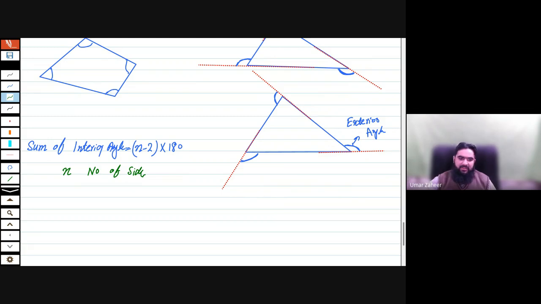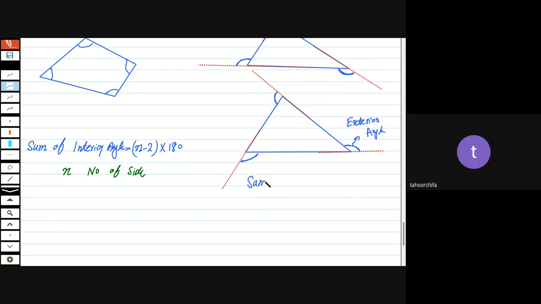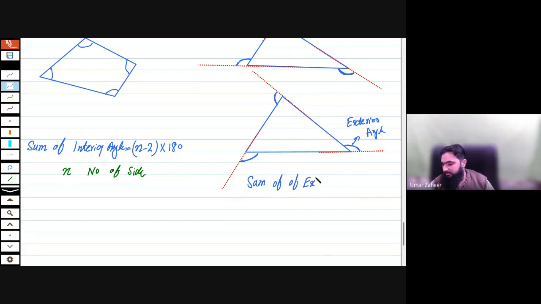In the same way, we have for the exterior angle, the sum of, yes, Tahur? Exterior angle plus interior angle is equal to 180 degrees. Yes, that is also a property.